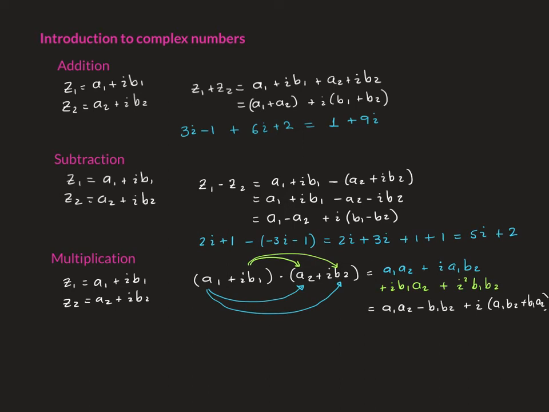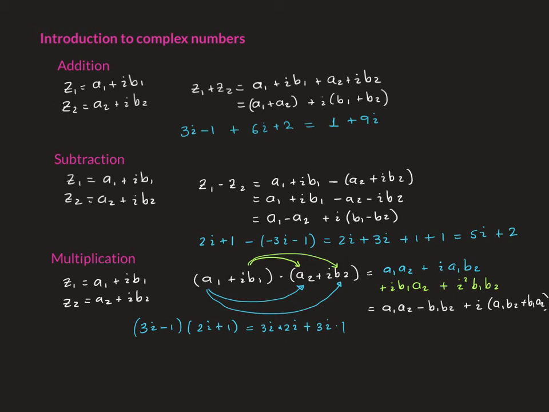Let's consider the example. 3i minus 1 multiplied by the number 2i plus 1. So we want to do 3i times 2i and 3i times 1. So 3i times 2i plus 3i times 1.